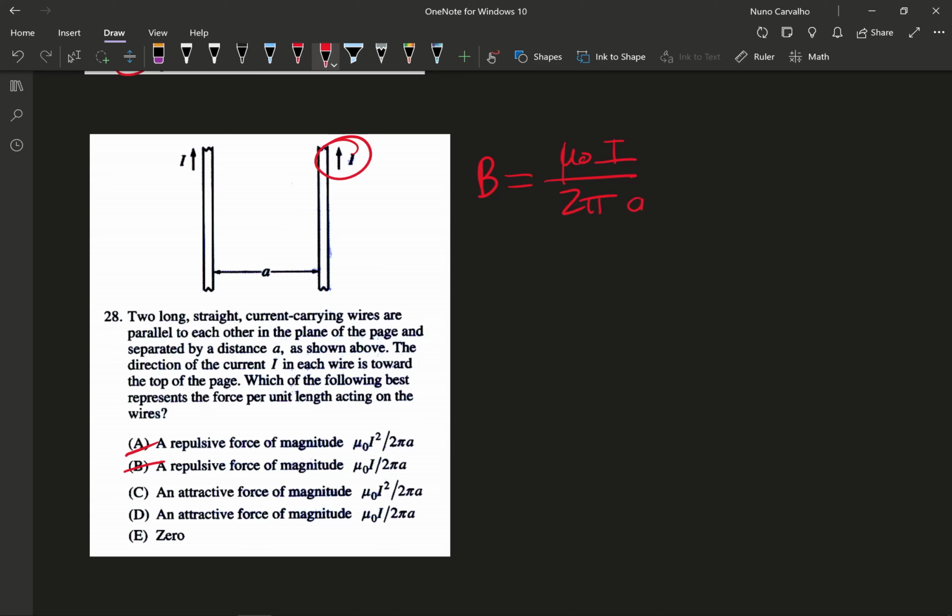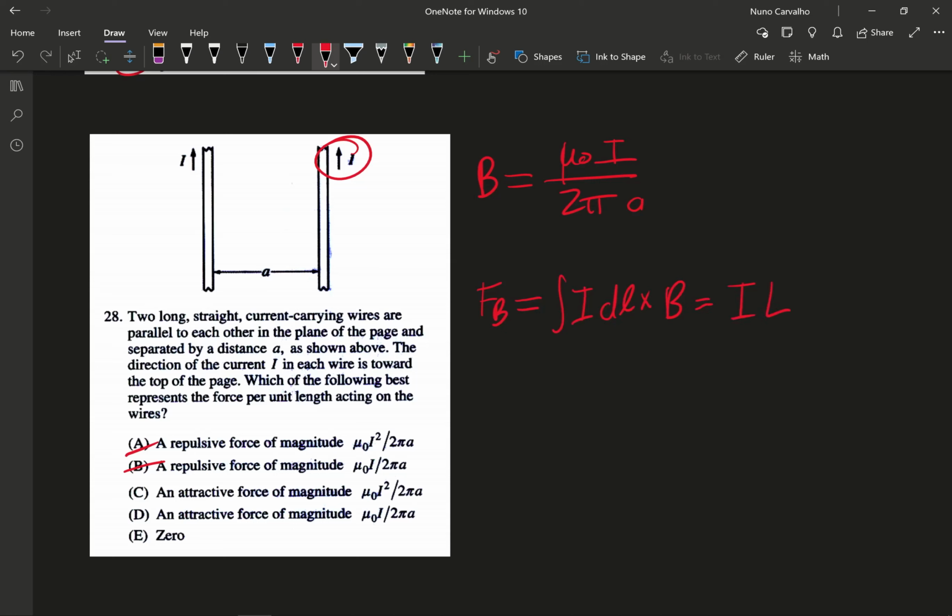Okay, and so with this, now we need to also think about, given that there's a magnetic field right here, on this area right here, what's going to be the force experienced by I? And so that's another formula. That's a formula that's actually given in your formula sheet, which is going to look something like this. And it looks a little bit more complicated than it really is.